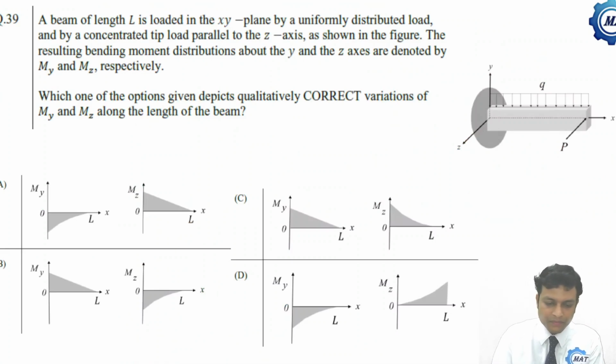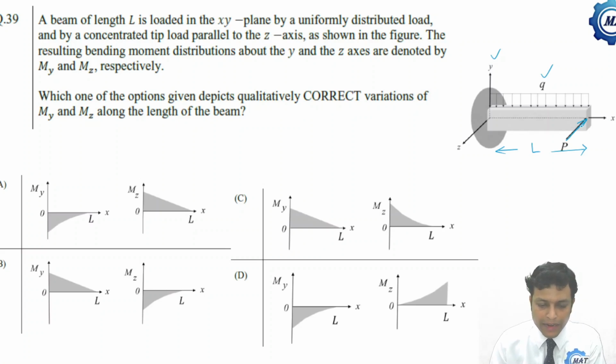Here a beam of length L, this is the length L, loaded in the XY plane, this is X, this is Y, by a uniformly distributed load, that is q obviously, and by a concentrated tip load along the Z axis, this is the Z axis, as shown in the figure.